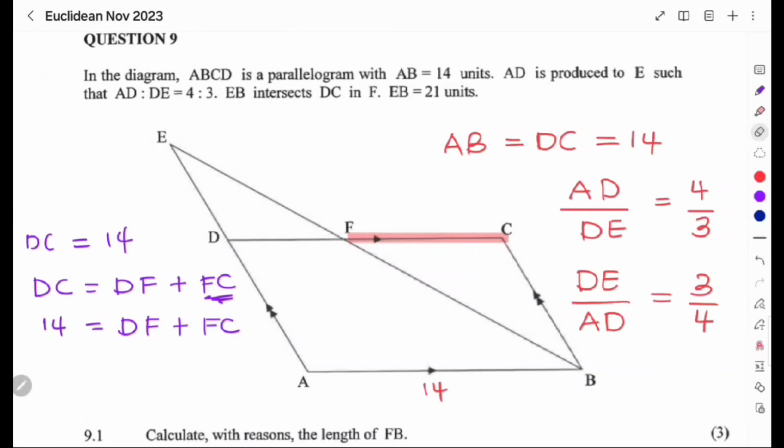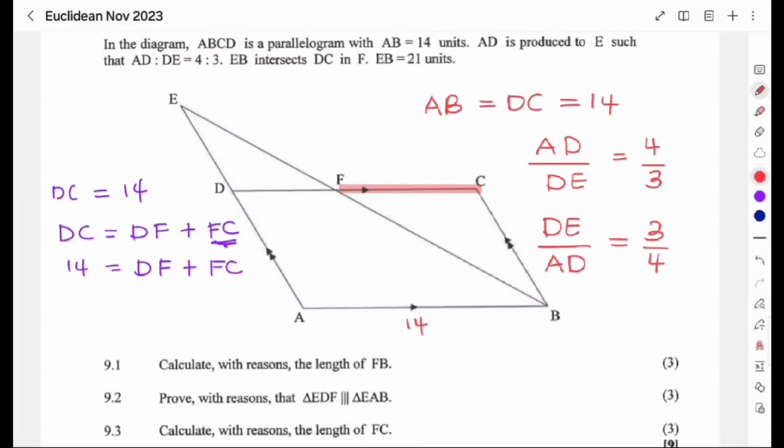So we need to ask ourselves now, how do we find DF? We can see that DF is a side on one of the triangles that we proved was similar in question 9.2. So that tells us that we can use those similar triangles to find DF.